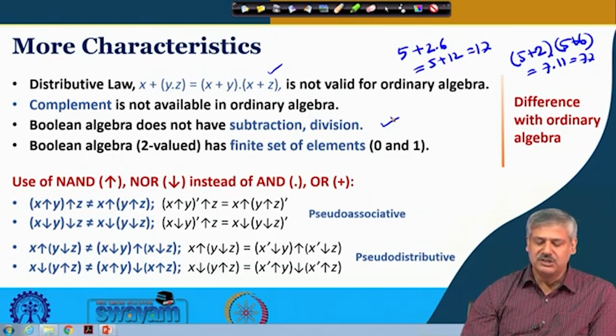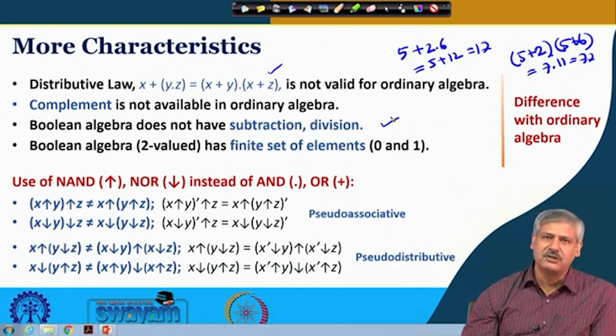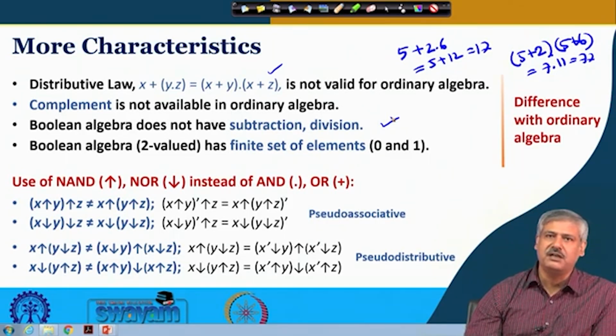And if somebody thinks that instead of AND and OR operation, we can develop Boolean algebra using NAND and NOR, it is not possible because the distributive law and some of these basic postulates are not valid using NAND and NOR. And earlier we discussed that they are commutative, but they are not associative.